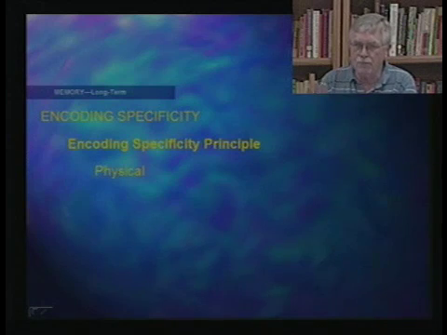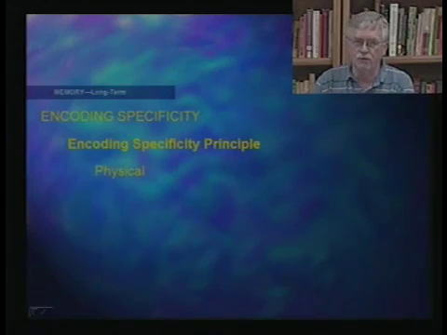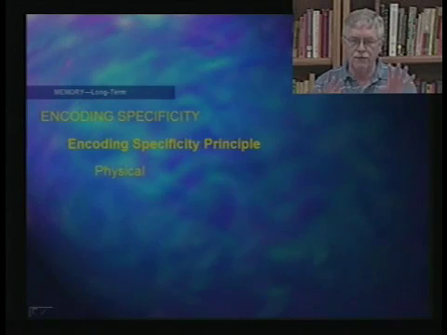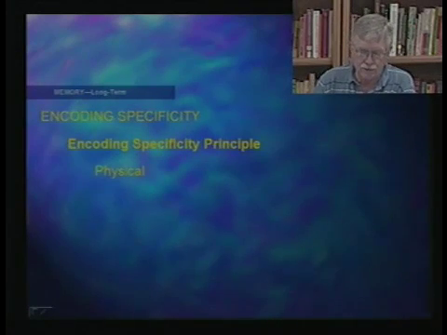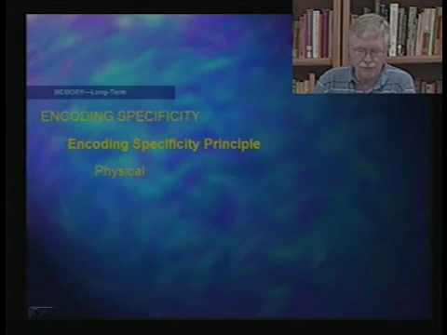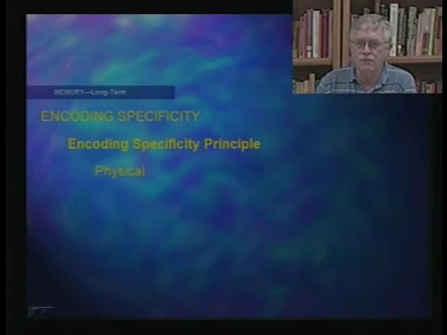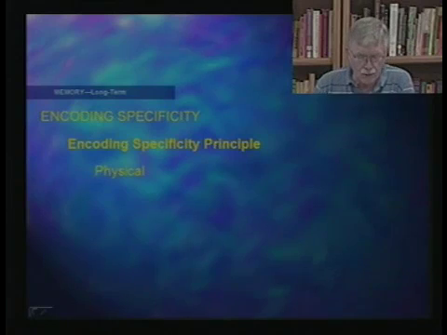We can keep the same learning conditions, condition A versus B, and yet if we alter the retrieval cue that is offered, we can show significant differences between the learning conditions. A cue that is effective in one place may not be effective at all under other conditions. So we've got to look at the cue that we store with the item as a basis for whether we're going to be able to retain that item or not.